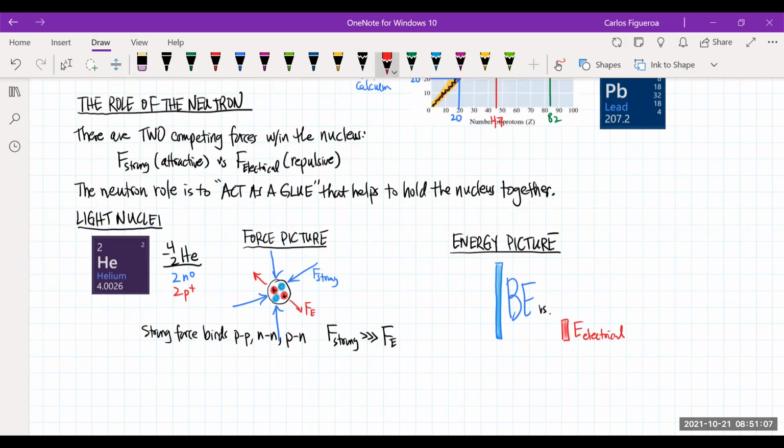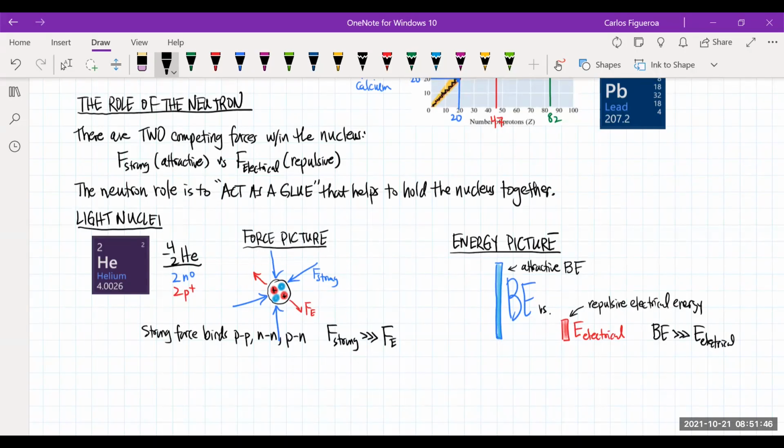And just one more time, right? This here is the attractive binding energy. This is the repulsive electrical energy. And so if we look at this picture here, this just tells us that the binding energy is just so much stronger than the electrical one. That's really what we're saying right there.